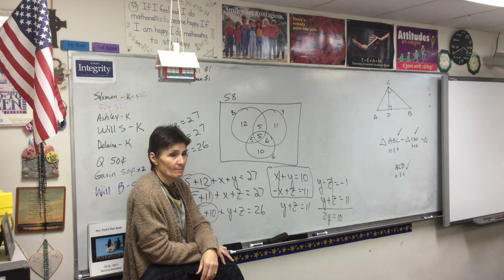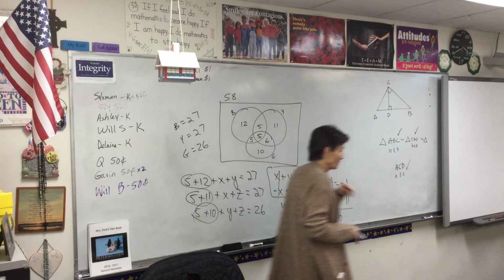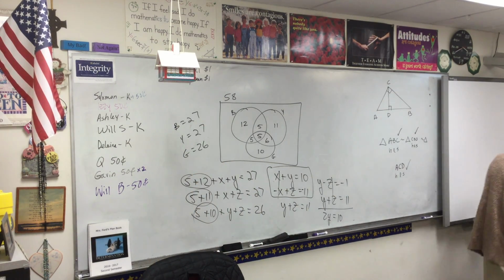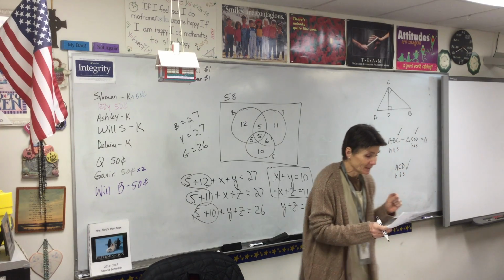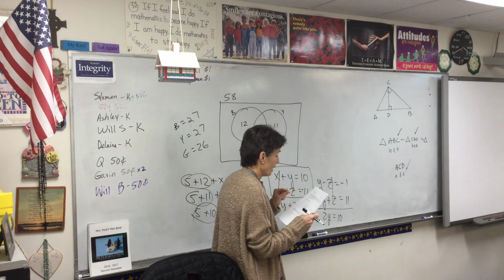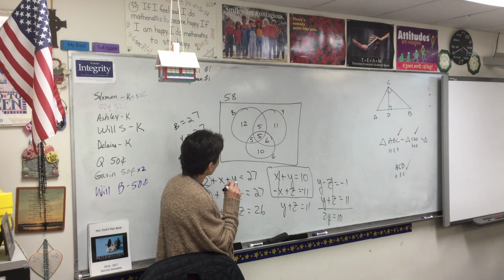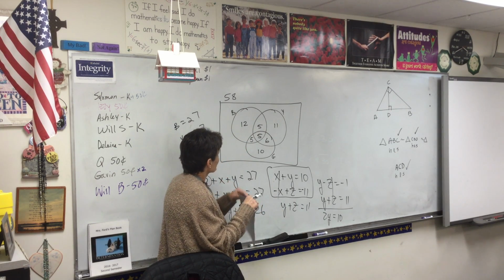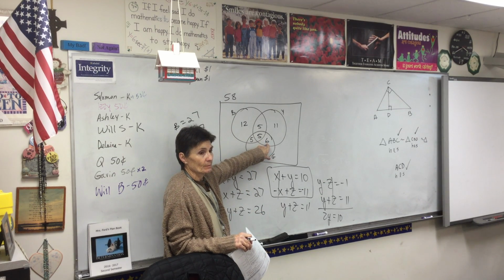Okay, Ollie, you got that? Okay. So now we can answer the questions. And a couple of you, I think, just got going too fast and didn't quite read the question. It says, find the probability of choosing one student from the group who likes yellow and green only. So, yellow and green only would be right here.